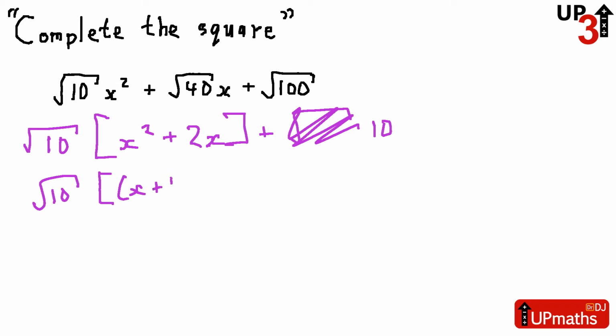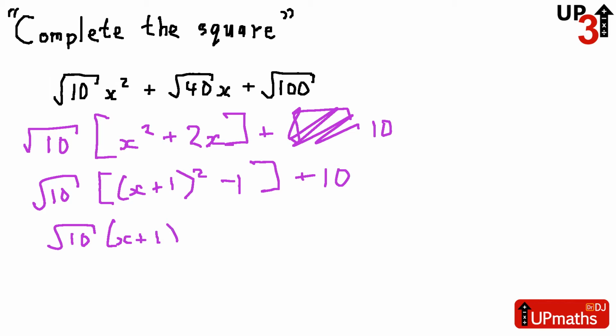X plus 1 squared minus 1 plus 10. Again, completing the square inside, not doing anything on the outside. I'm going to write plus 10 minus root 10 because again I like to always write things in the same order. My surds tend to go after my whole numbers. It means I can just muscle memory look for them in the same place.